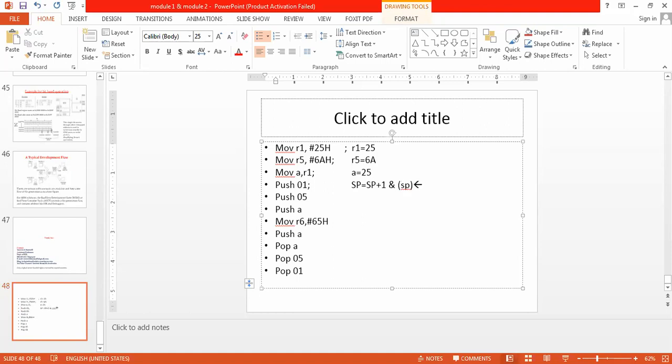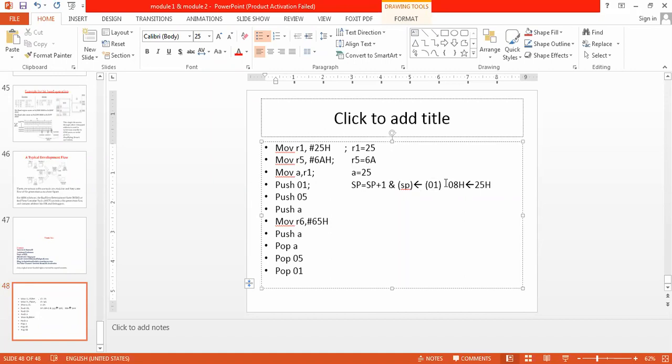The value which is inside 01, correct? So inside 08H, 25H will be stored.